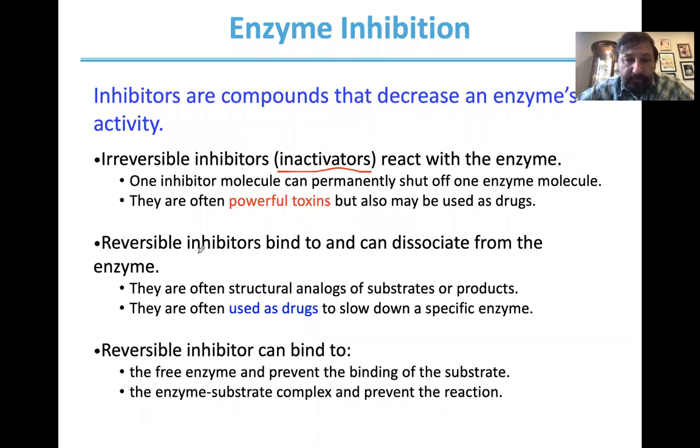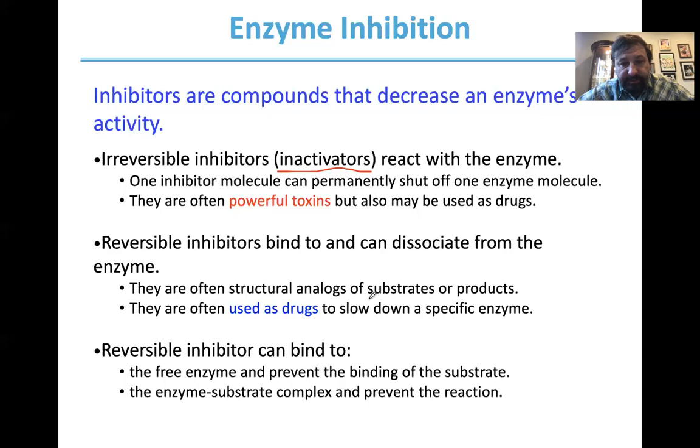Now for reversible inhibitors, those come and go, and usually these are structural analogs of substrates or products. In other words, they look like substrates or products, and the active site gets confused. The active site thinks that these inhibitors are actually substrates and accepts them with open arms.